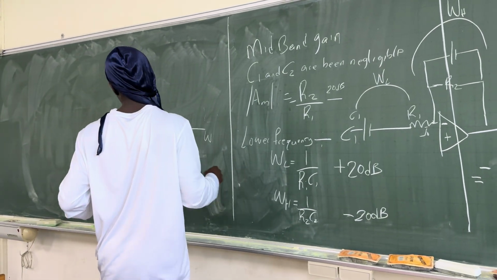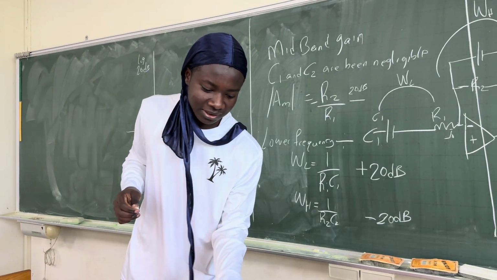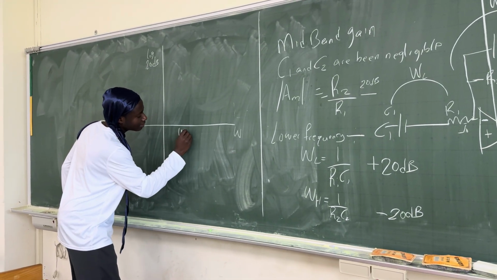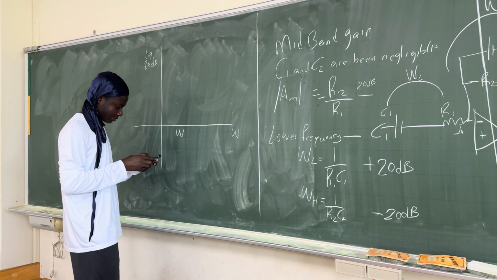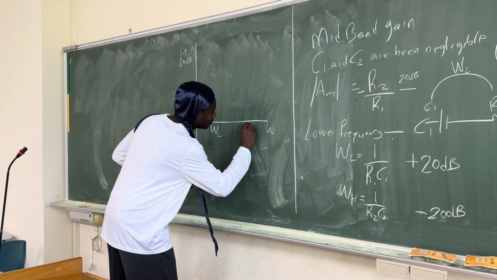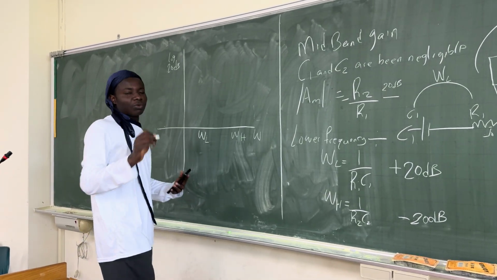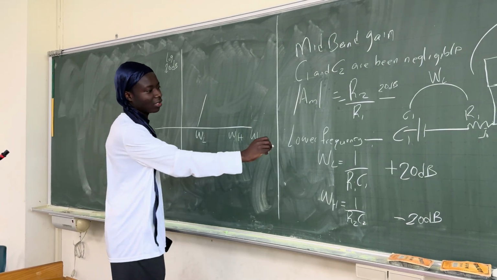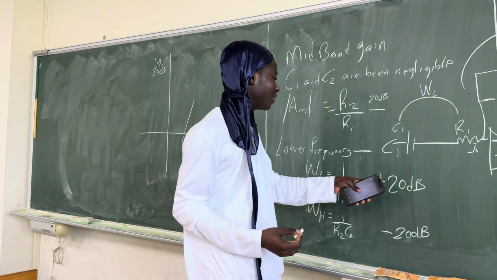So how do we make the plot? We need to start with, let's say this is W, this is WA. Then plus 20 decibel goes up this way because the lower frequency is increased, with gains of 20 decibel.